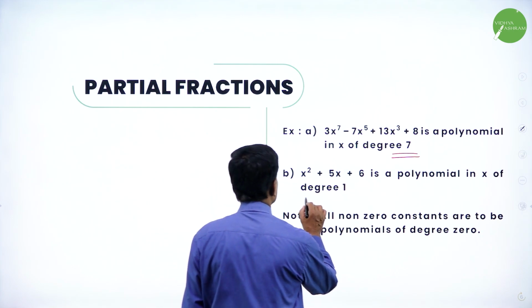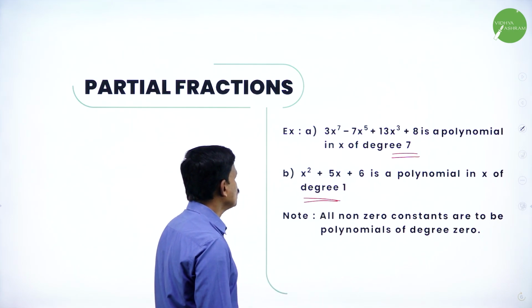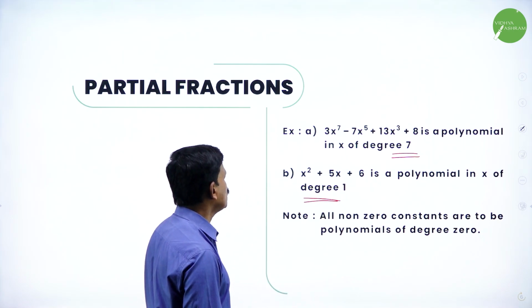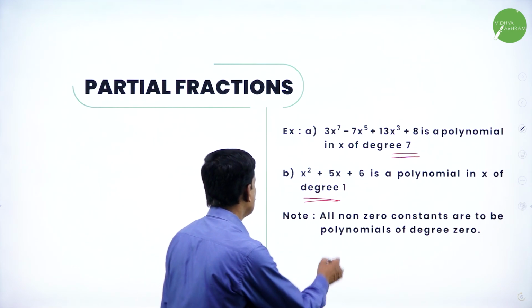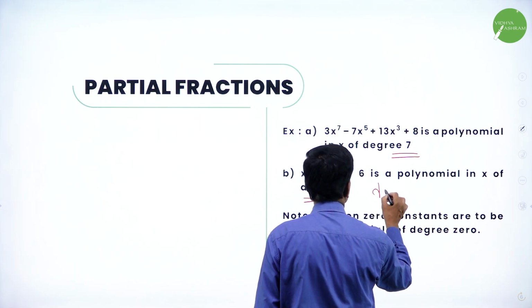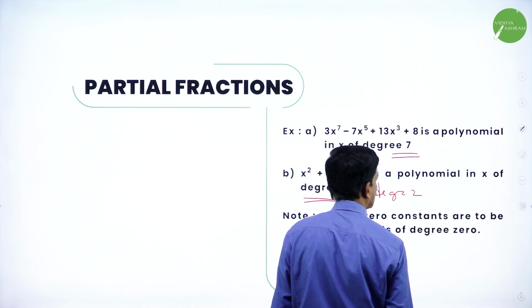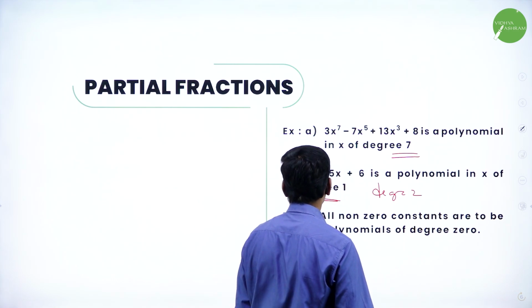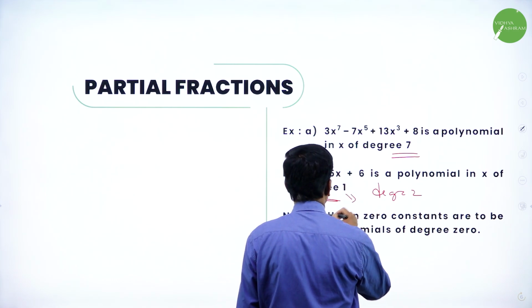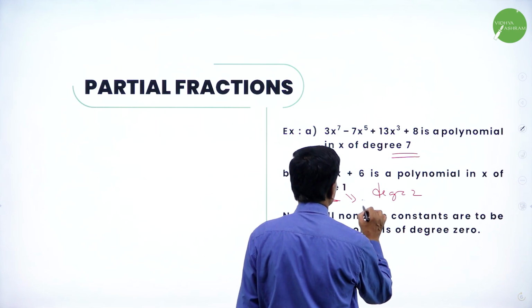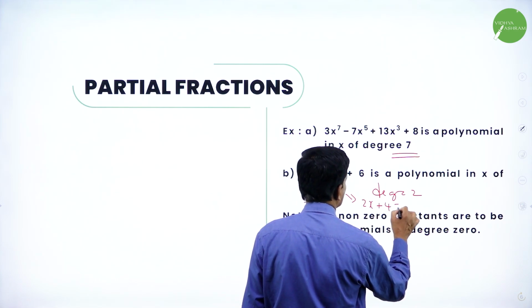Similarly, let us consider this example. Here x² + 5x + 6 is a polynomial in x of degree 2, second order. Suppose, for degree 1, we write 2x + 4 = 0.